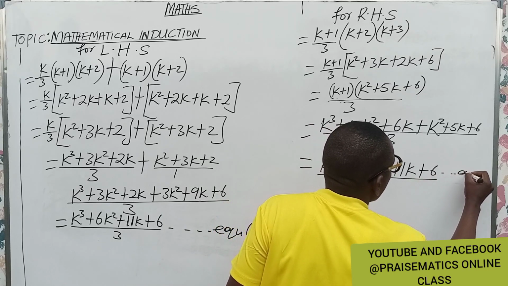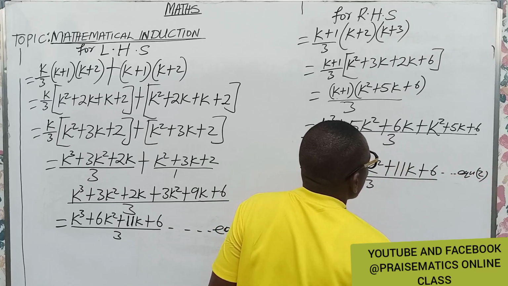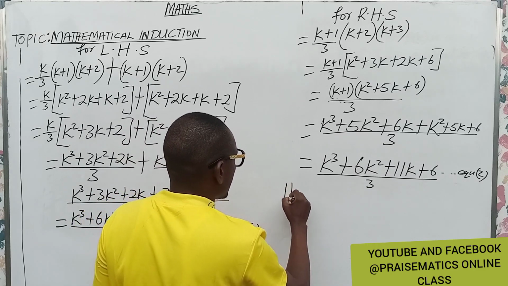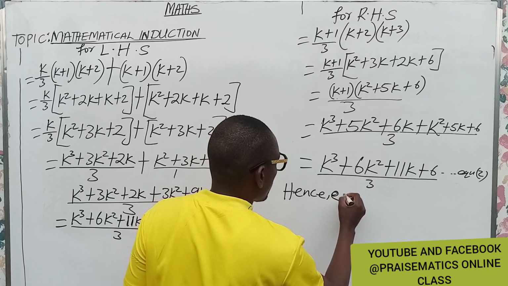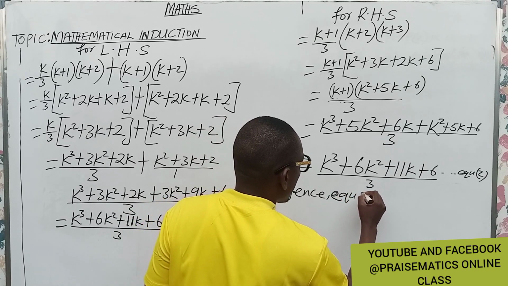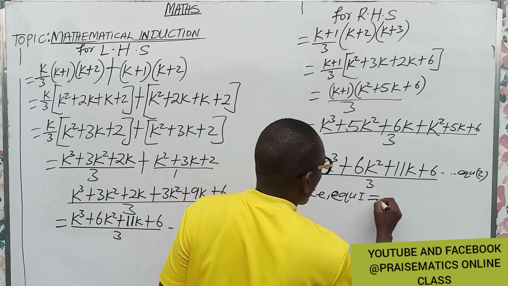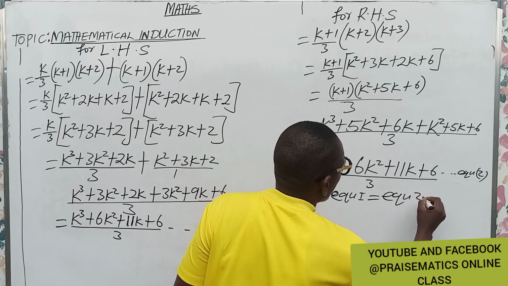Call it equation 2. Now you can realize, or you can agree with me, that equation 1 is equal to equation 2.